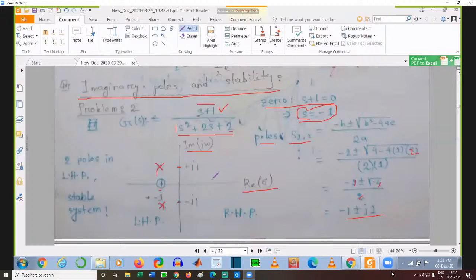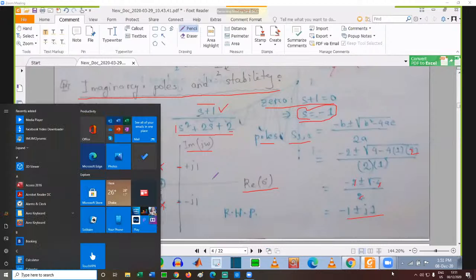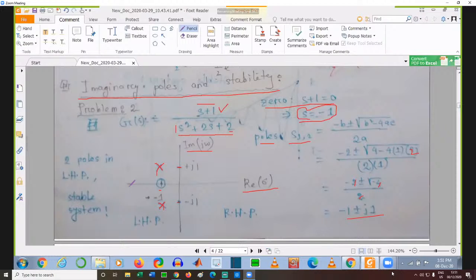Do you understand that? If your system has imaginary poles, those poles will always be mirrors of each other. That means if you put a mirror on the x-axis, you will get the reflection of one pole on the other side.